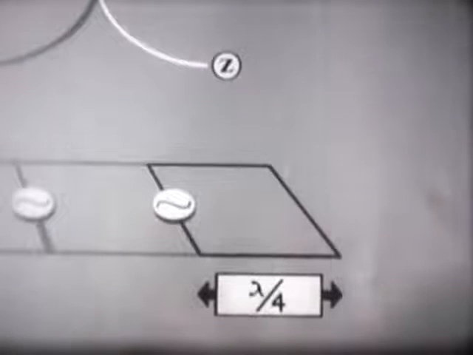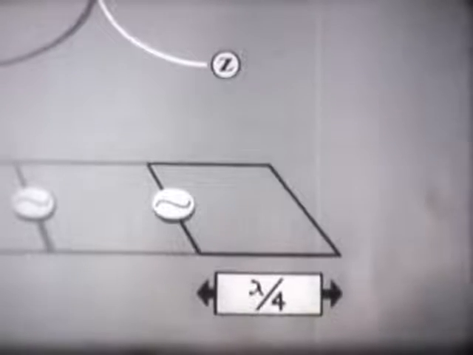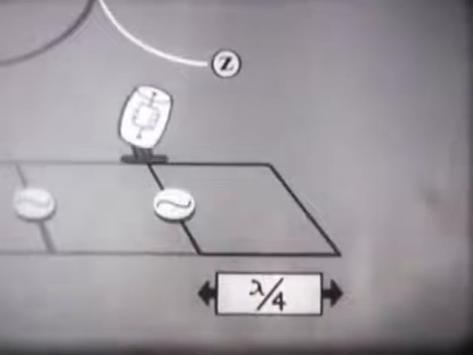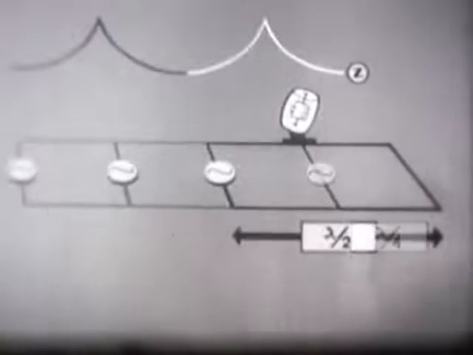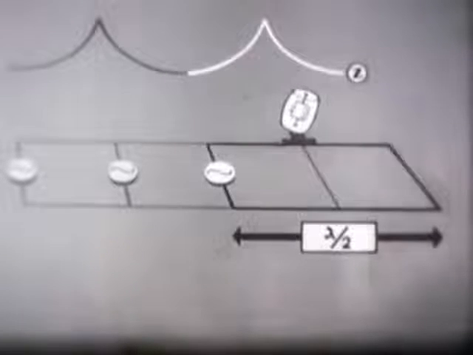Where a line presents a high impedance to the generator, it is the same to the generator as though it were connected to a parallel resonant circuit. So we can symbolize this 1/4 wavelength line as a parallel resonant circuit. Connected at the half wavelength point, the generator now sees a different condition.